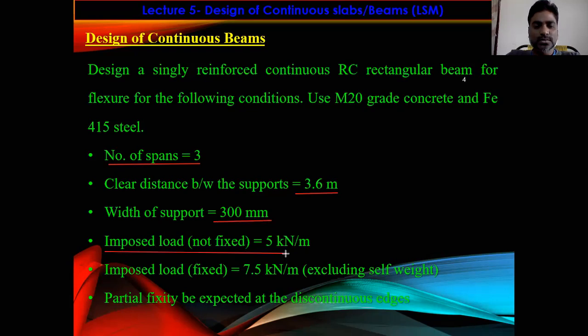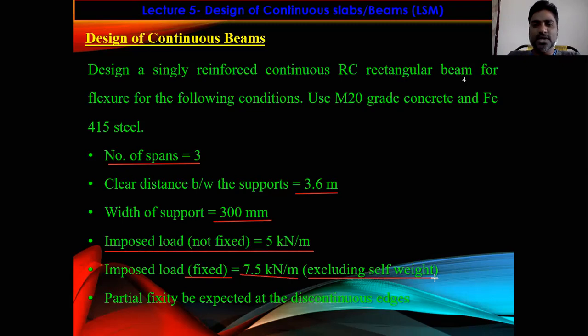The imposed load, not fixed, is 5 kilonewton per meter, and the imposed load, fixed, is 7.5 kilonewton per meter, and here it is excluding the self weight of the beam.